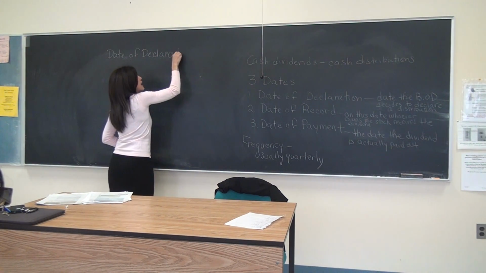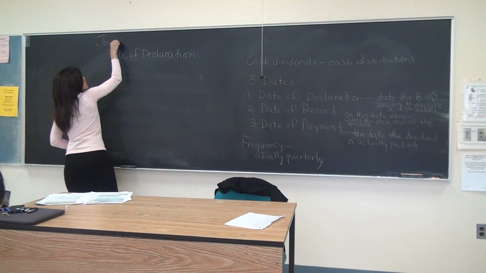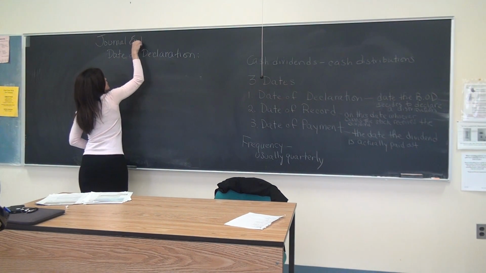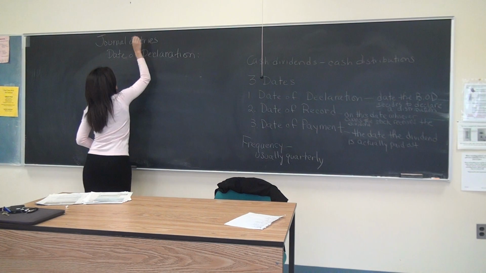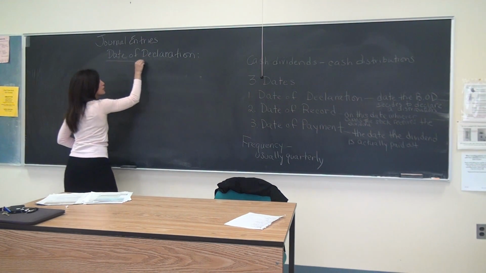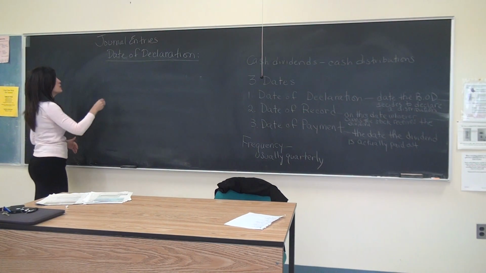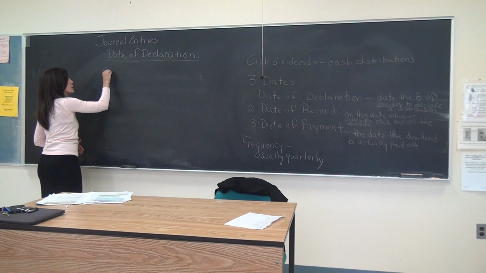They basically say, we owe our stockholders a certain amount of money. So on the date of declaration, the first journal entry, and these happen in a sequence, would be to debit dividends.